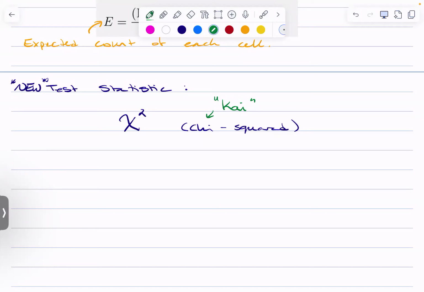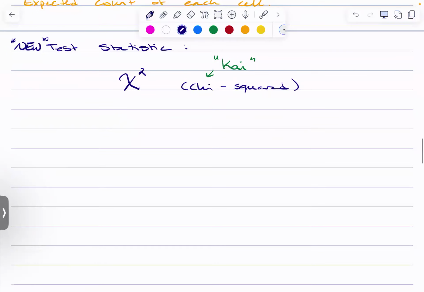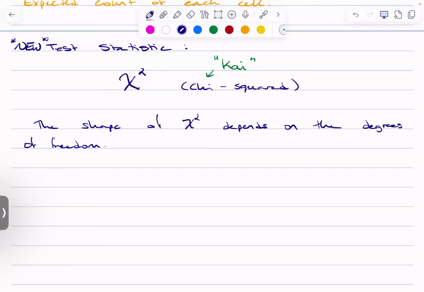Now, chi-squared is a slippery little bugger. I say that because the shape of the chi-squared depends on what we call the degrees of freedom. Luckily for each problem, the degrees of freedom is fixed. So the shape will be fixed for each problem, but it'll shape shift depending on your degrees of freedom.